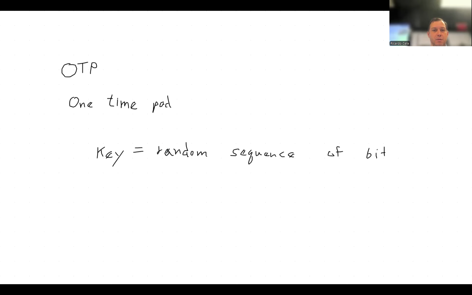So this is the key, as long as the message. All right, so that's the key in the one-time pad. That's the one thing you guys have to remember: the random sequence of bits as long as the message.